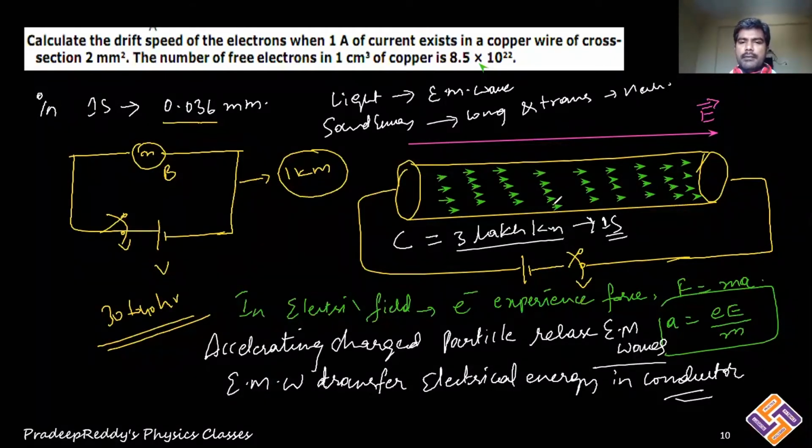When an electric field is set up, all the charged particles get accelerated. Accelerating charged particles release energy, and that released energy is in the form of electromagnetic waves. These electromagnetic waves travel with a speed of 3 lakh kilometer per 1 second. Therefore, in 1 second, as this energy is able to transfer 3 lakh kilometer, even though a bulb is situated at a very large distance, just after the tap key is switched on, within a fraction of a second, it is able to glow. That's the reason behind the glowing of a bulb immediately when you switch on.